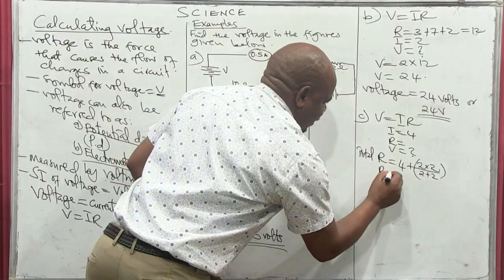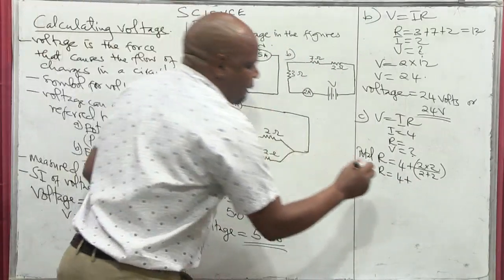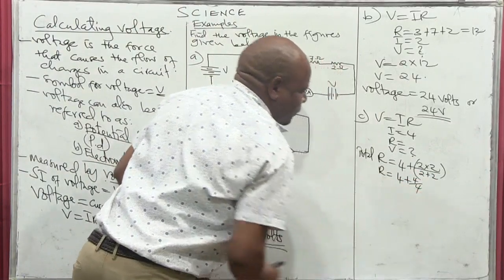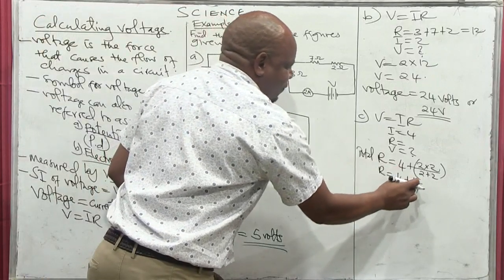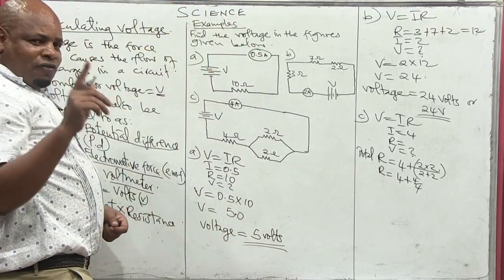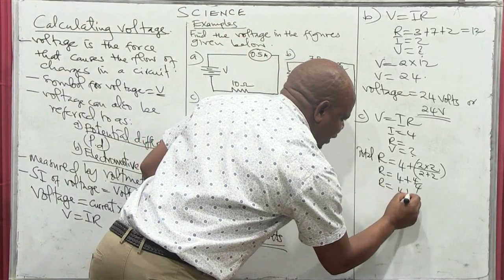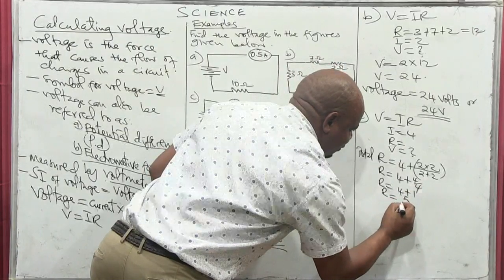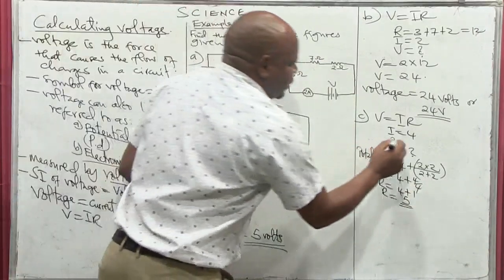So R is equal to 4 plus 2 times 2, which is 4, over 2 plus 2, which is 4. 4 divided by 4 is 1. So here our R is equal to 4 plus 1. Our R is equal to 5.